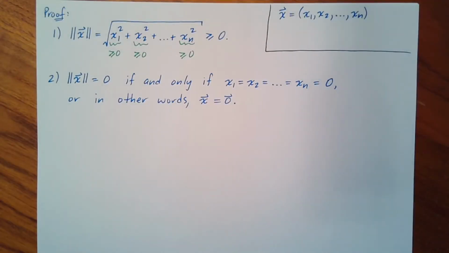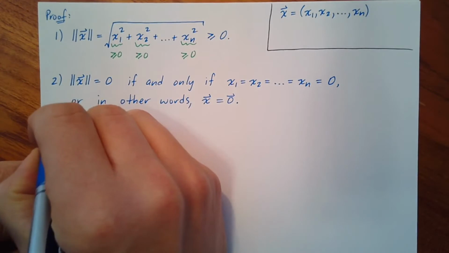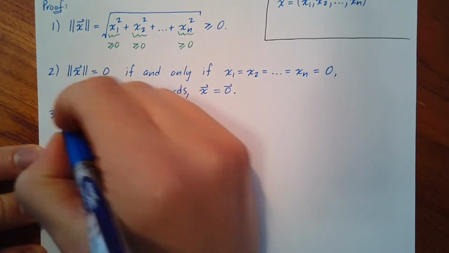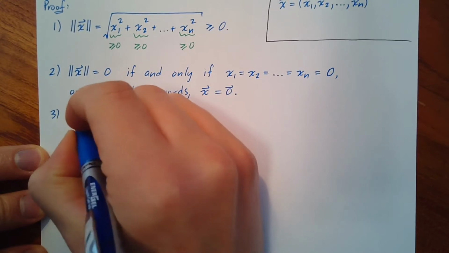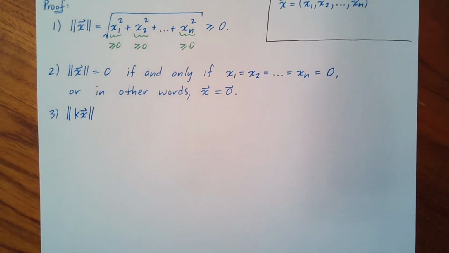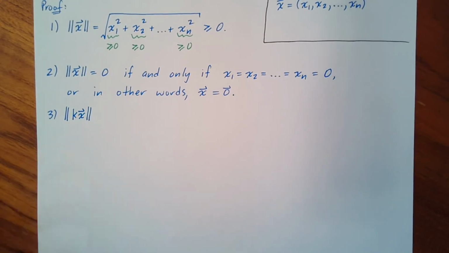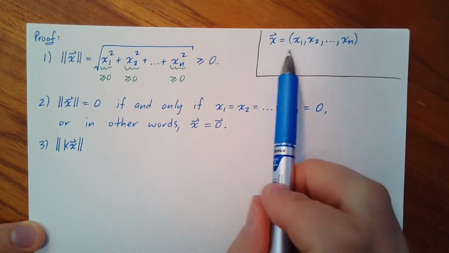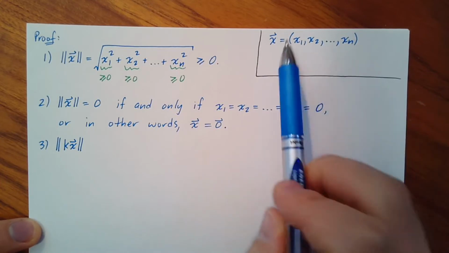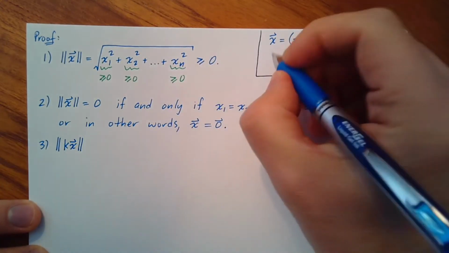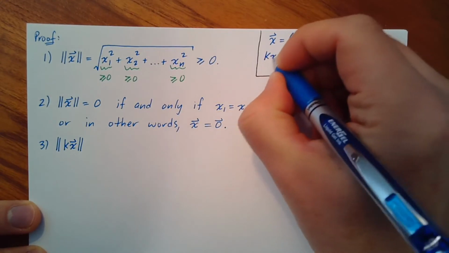So for statement 3, we're just going to start by applying the definition of norm to the vector kx. Now, it's going to be helpful to actually write out kx in terms of its coordinates. And that's why this extra space up here will be handy, because if x is the vector x1 up to xn, if these are the coordinates of x, then we can write out the coordinates of kx as follows.